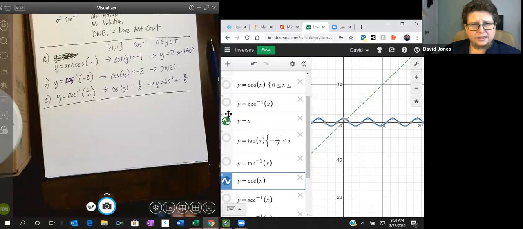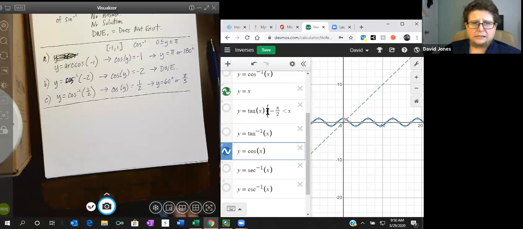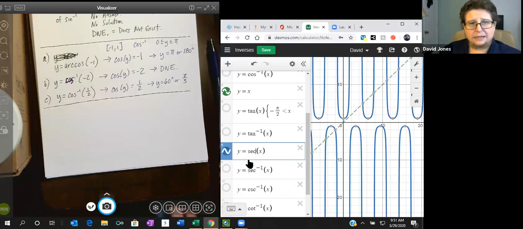Turn off tangent. And what does secant look like? Maybe I need secant in there. That's probably the better one. Secant has these weird things. Remember, it's related to the cosine graph.